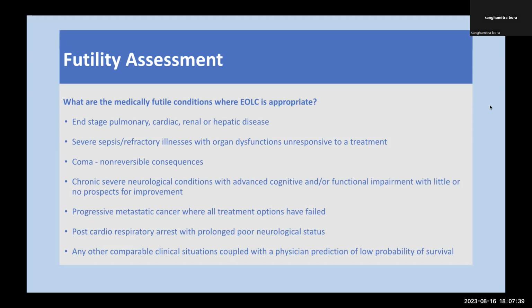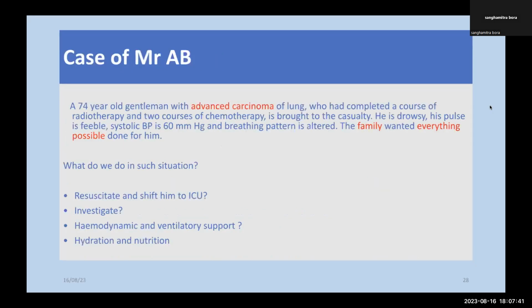So these are the conditions where we will need to assess futility and initiate end-of-life care processes. Let us take this example of Mr. AB. He's a 74-year-old gentleman with advanced carcinoma of the lung. He had completed a course of radiotherapy and 2 courses of chemotherapy. He's brought to the casualty. He's drowsy. His pulse is feeble. The systolic BP is 60 millimeters of mercury, and the breathing pattern is also altered.